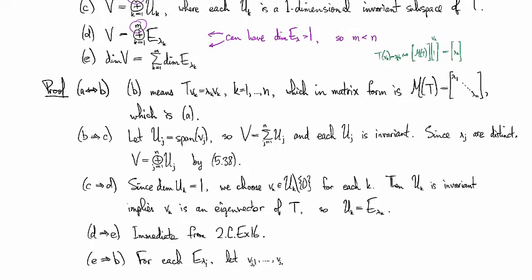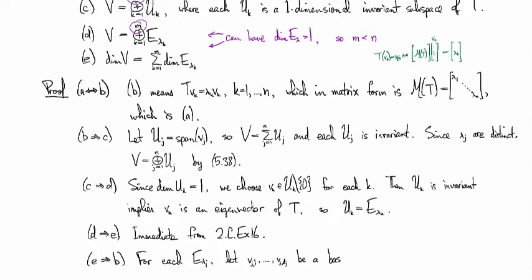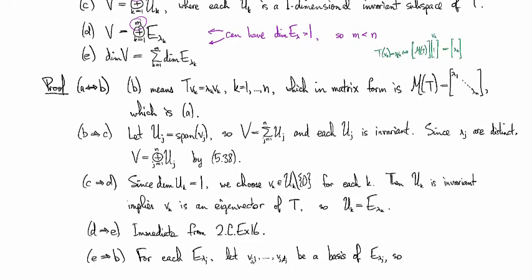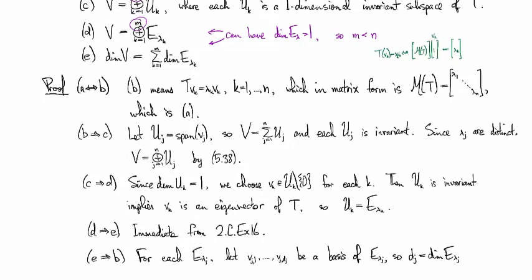So how many things does it have in it? It has the dimension of E lambda j, which I'll just denote by dj. So we're going to let this be a basis of E lambda j. There are as many as the dimension of the lambda j eigenspace.